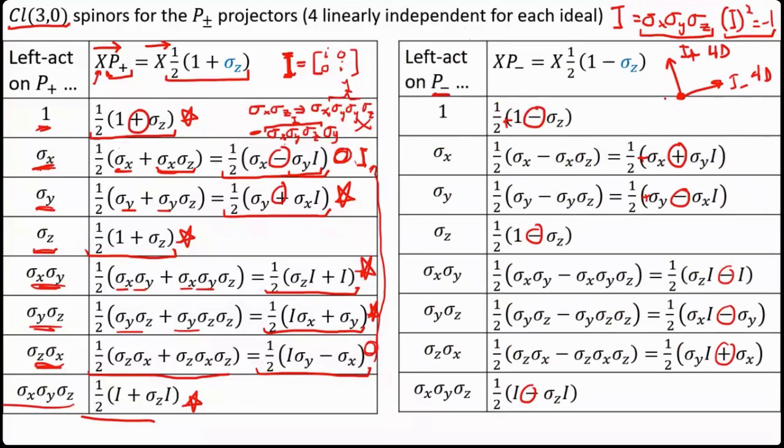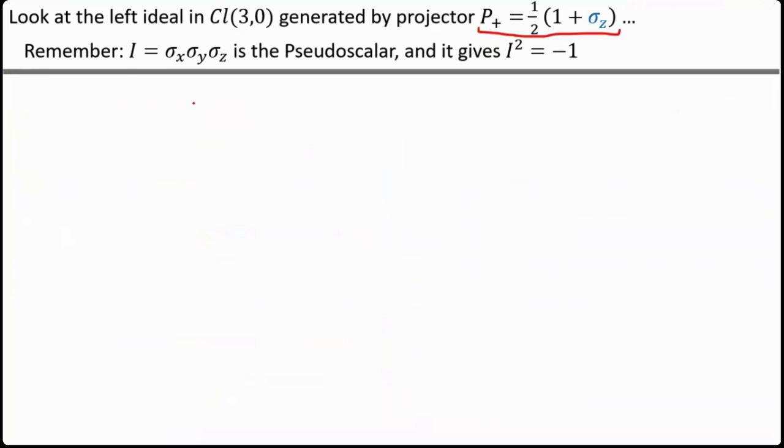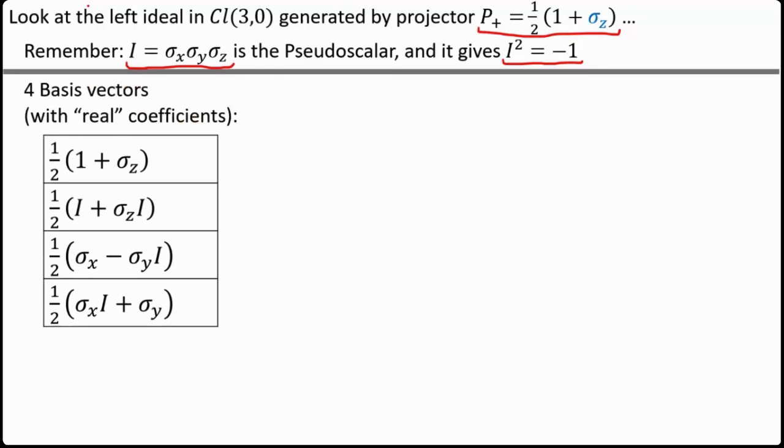Okay, so this slide probably looks abstract as heck. I'm going to show you what the matrices look like, and that will make it look a lot less scary. I'm going to look at the plus side first. I don't know why I put this here, but I should have put that before. I is the trivector, or the pseudoscalar. So this was a 4-dimensional space. Remember, we got duplicates. There were only 4 basis vectors, which are shown here.